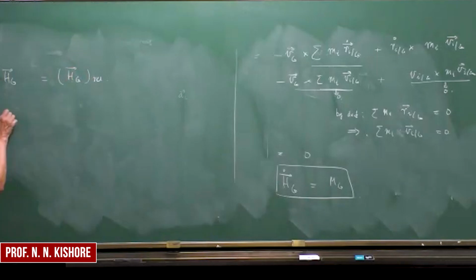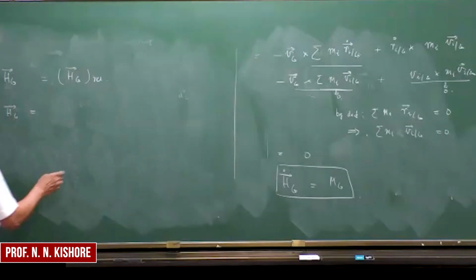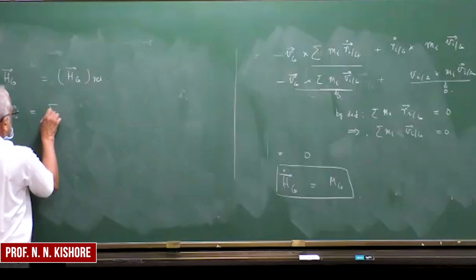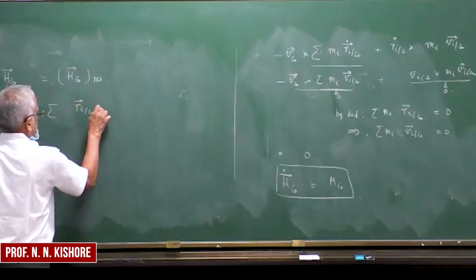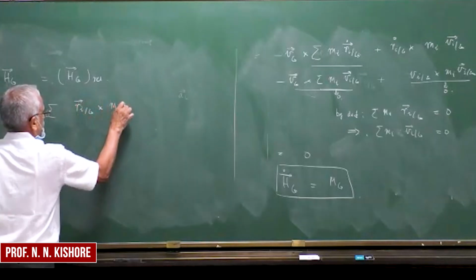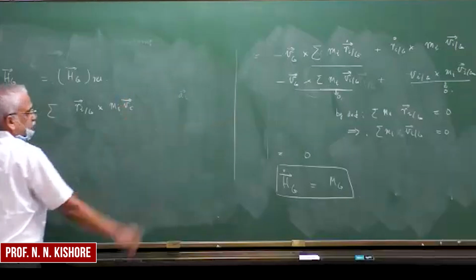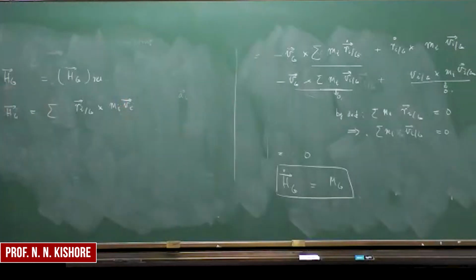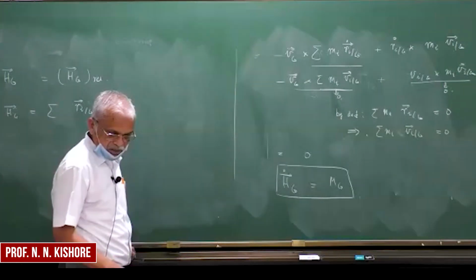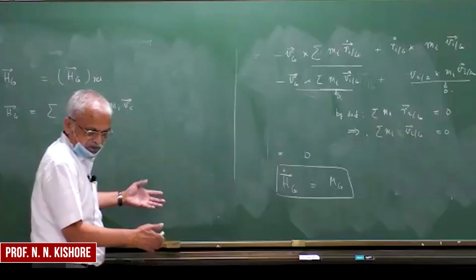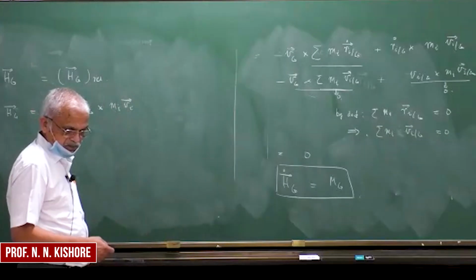So let us just do this: whatever we can say for about Hg, we'll also say about the other. So what we have is the same thing, a manipulation of this thing.